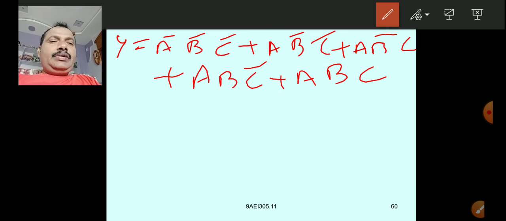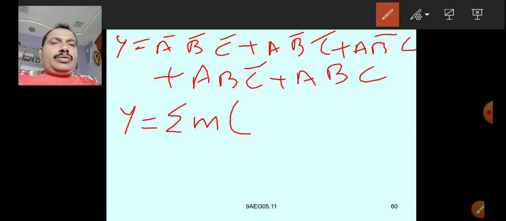This expression you can write like this: sigma m. So A bar, B bar, C bar is 000, that means in decimal it is 0.